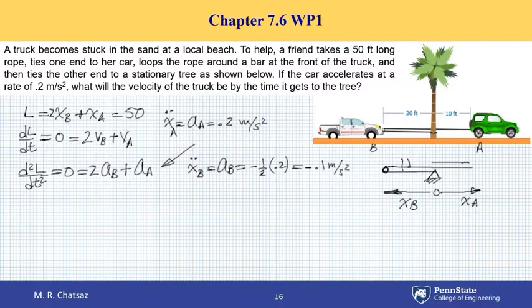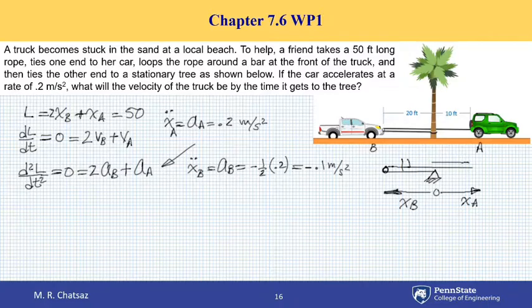The question is, what is its velocity after it has traveled 20 feet? Note that we are looking for an equation where velocity is desired, acceleration is known, distance traveled is known.